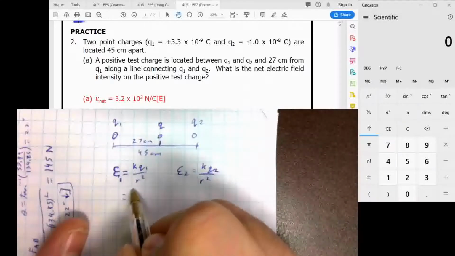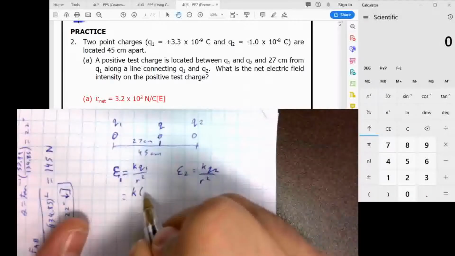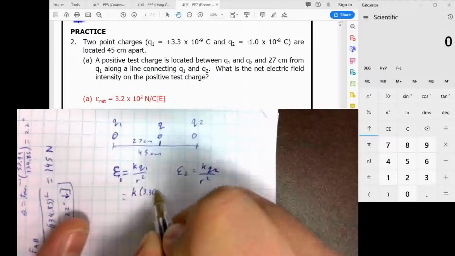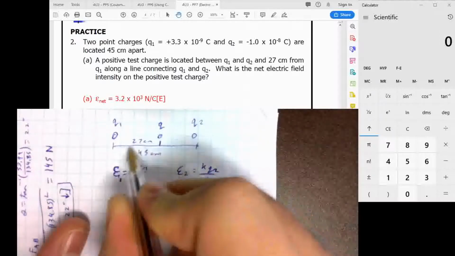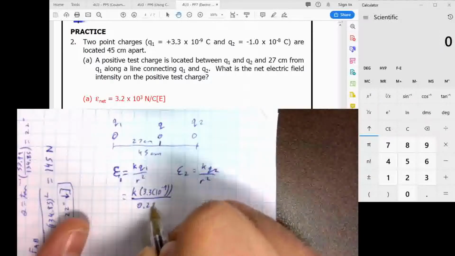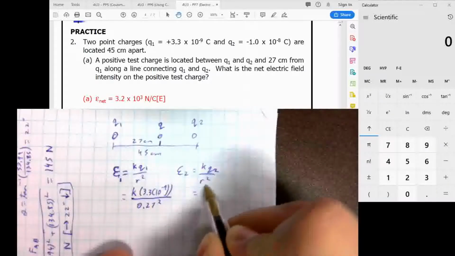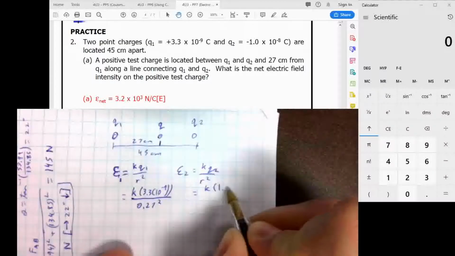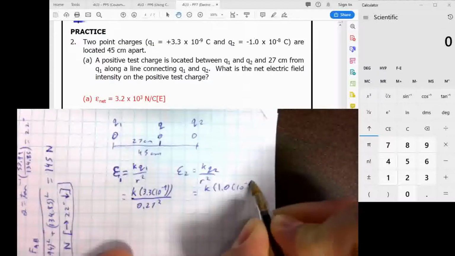So K, I'm just going to write down K. It's 8.99 times 10 to the 9. Q1 is 3.3 times 10 to the negative 9. And the distance between these two is 27 centimeters. Here we have K. Q2 is 1.0 times 10 to the negative 8.